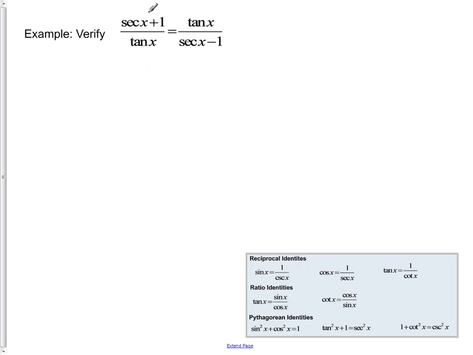And a big temptation, again, is to start by just trying to replace trigonometric expressions with identities like tangent of x as sine of x over cosine of x, and secant of x is 1 over cosine of x.